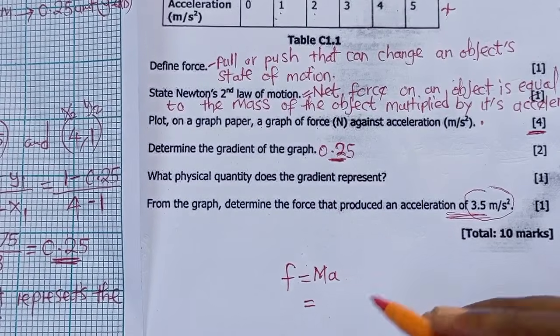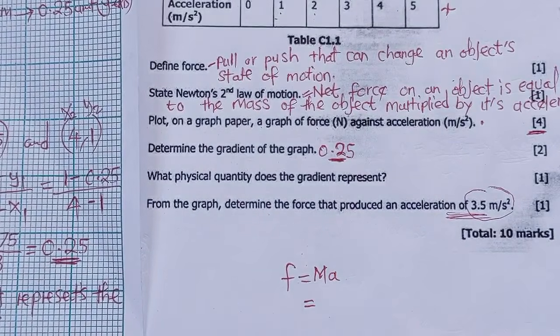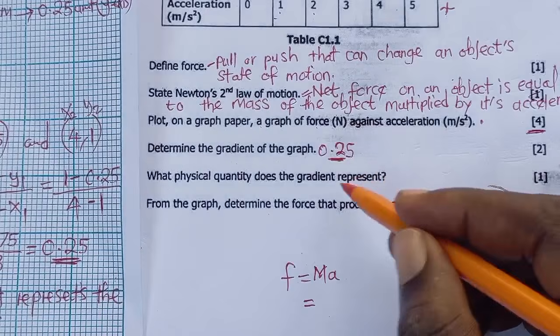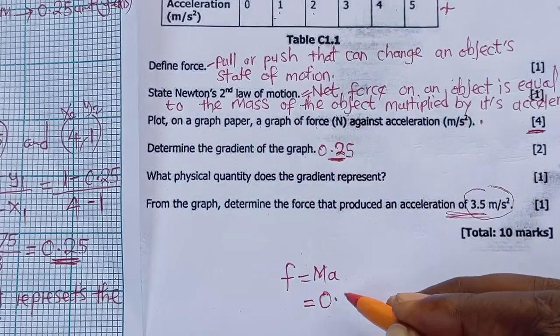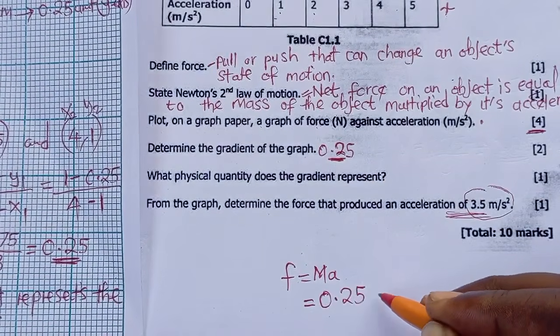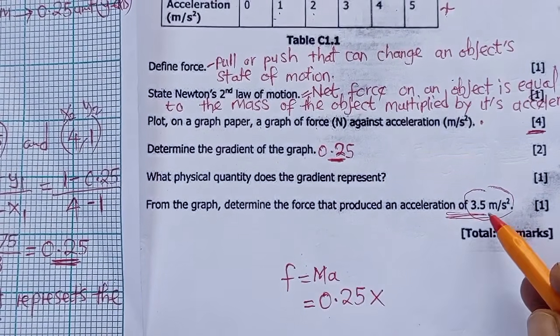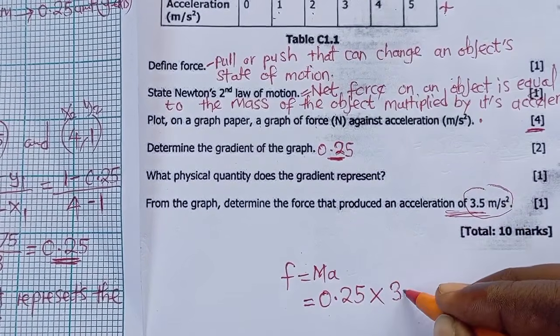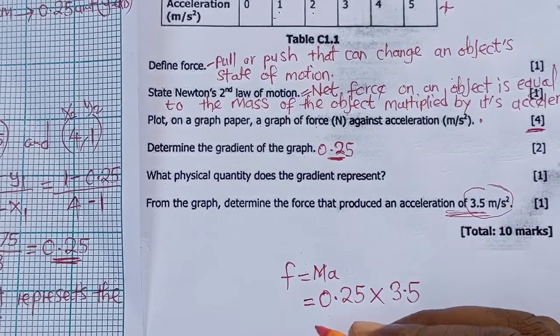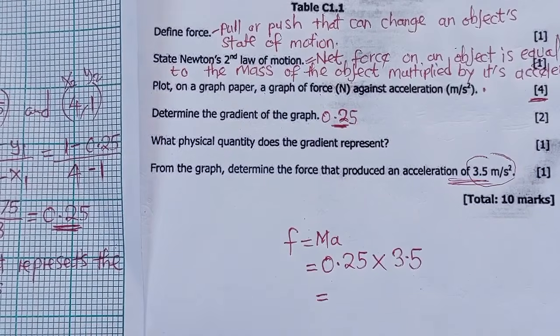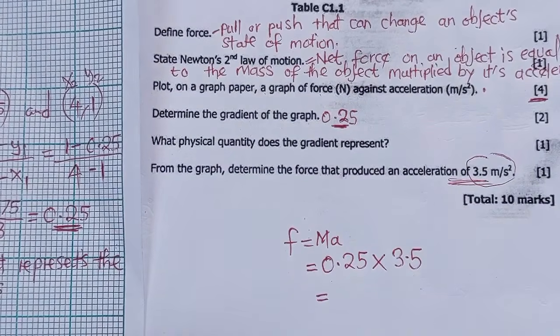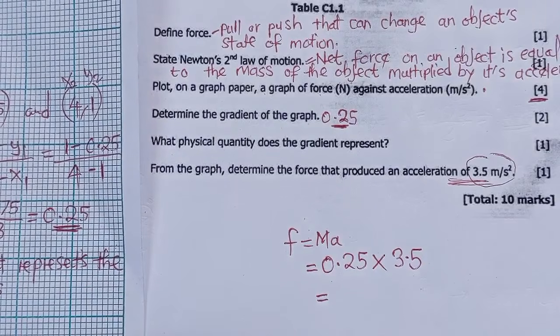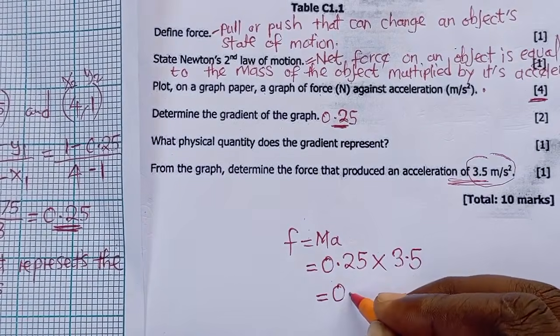The mass is the same as I've told you, 0.25, times the acceleration that is given, 3.5. When we multiply 0.25 times 3.5, what answer are you getting?